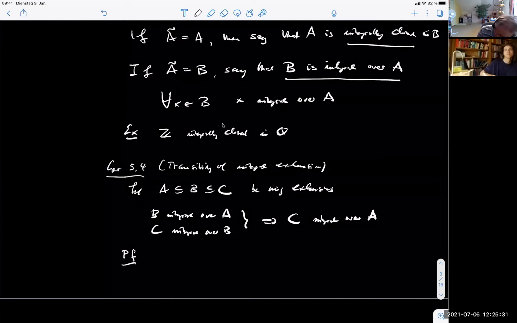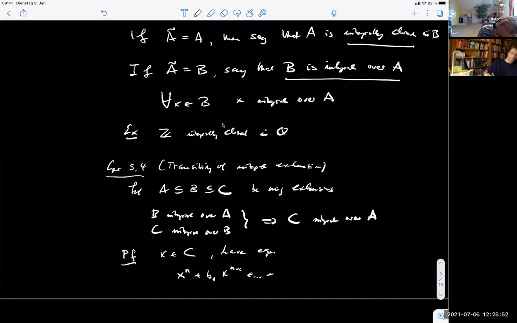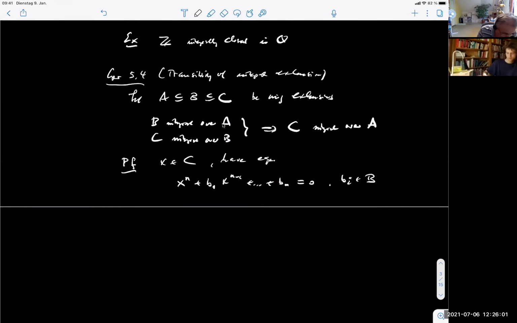So let's take an element x in C. Since x is integral over B, I have an integral equation, written with coefficients in B. Now I note that x is integral over the subring generated by the coefficients over A. Let's call this ring B prime.